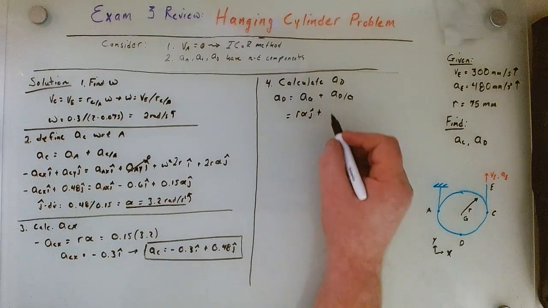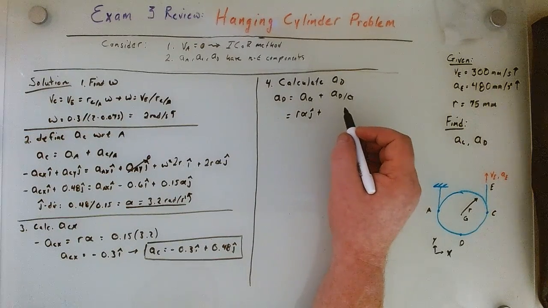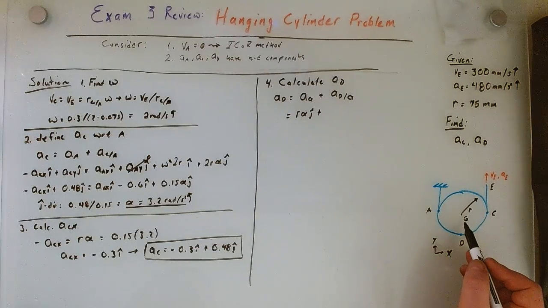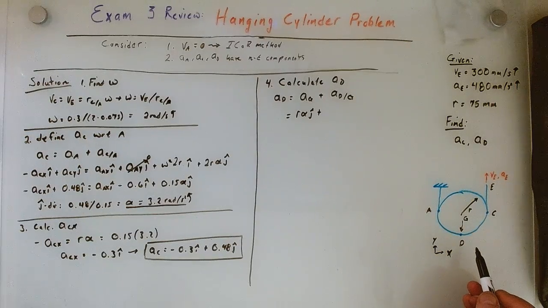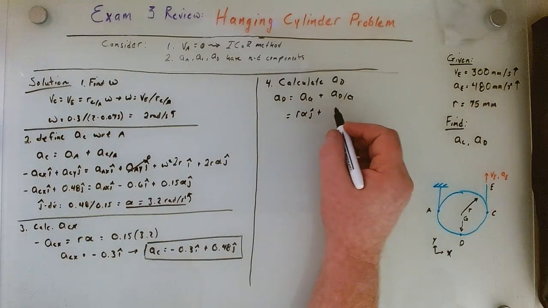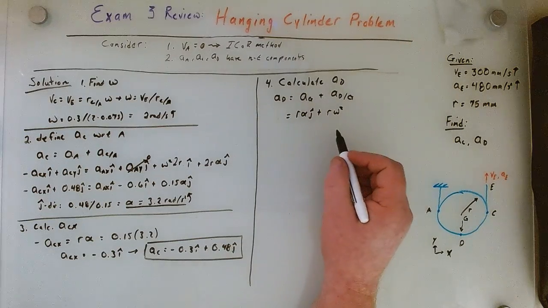So let's see, our r goes this way. So in the j direction, that's going to be normal. So we can do the normal. This is r omega squared, right?